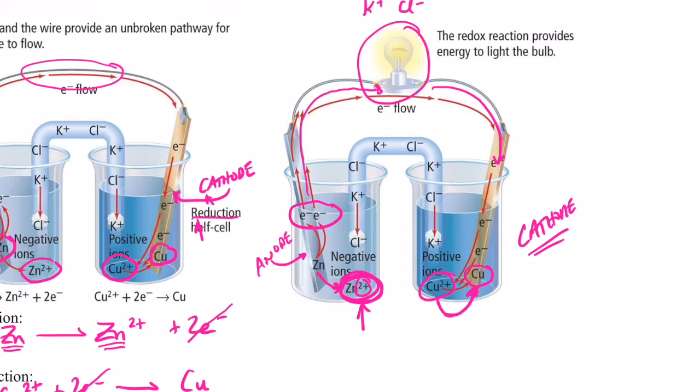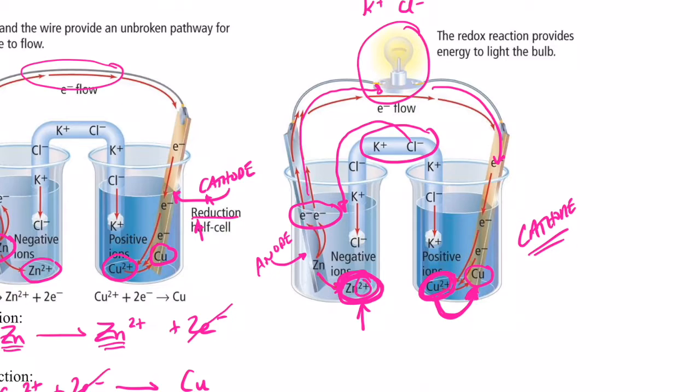Well, since my anode's becoming more and more positive, remember we have our potassium chloride salt bridge? The chloride ions will migrate through this, what we call a U-tube, into the anode side beaker to balance the charge. And on the cathode side, remember these copper 2 pluses are becoming copper metal.